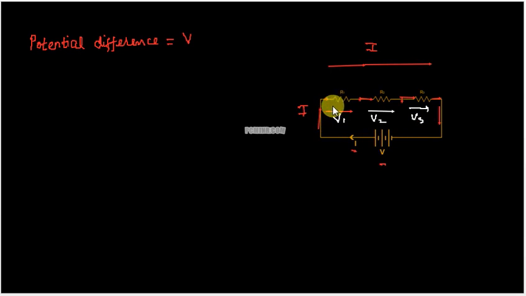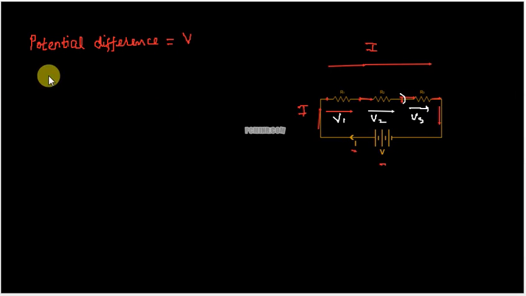Across the first resistor, based on its resistance, some potential will be dropped. It will decrease and then go to the next part. Then there will again be a loss, and the remaining is transferred to the last part.